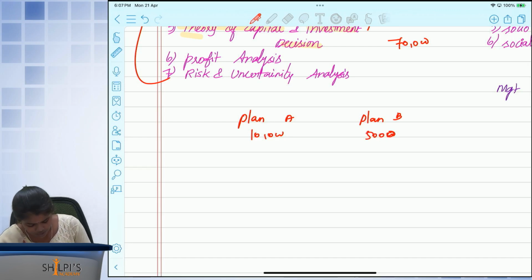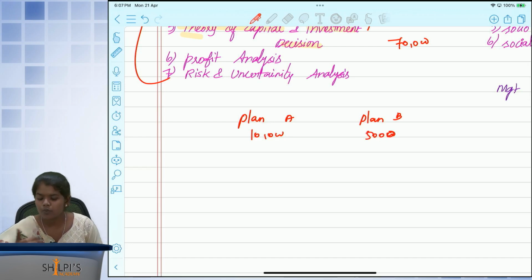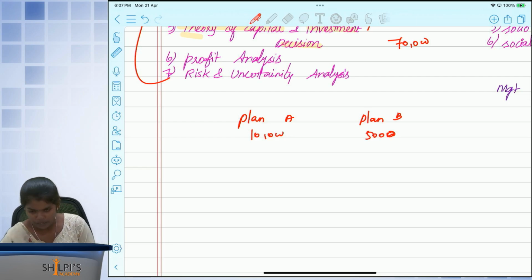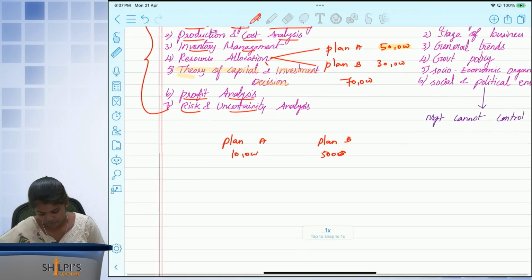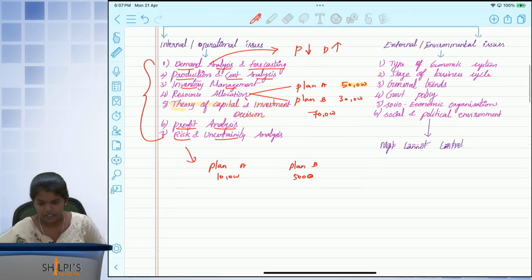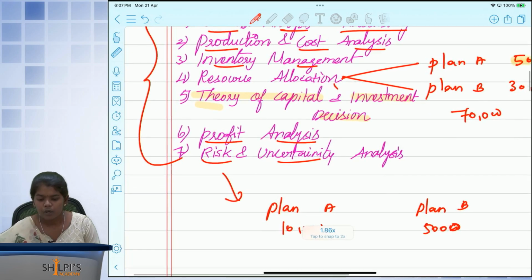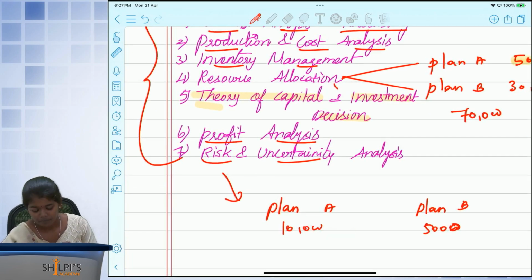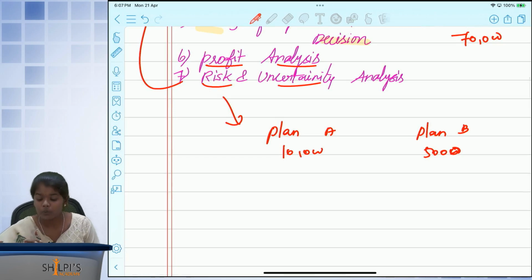So automatically we will select plan A because we are getting more income than plan B, right? And profit analysis, risk and uncertainty, it will also be similar to this. If we are going through the risk aspect, we can choose the project which will give the lesser risk, okay?